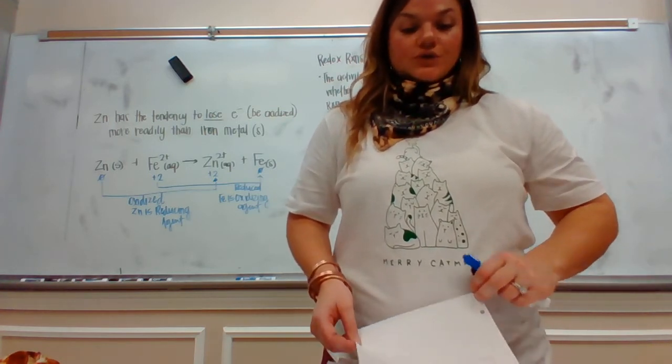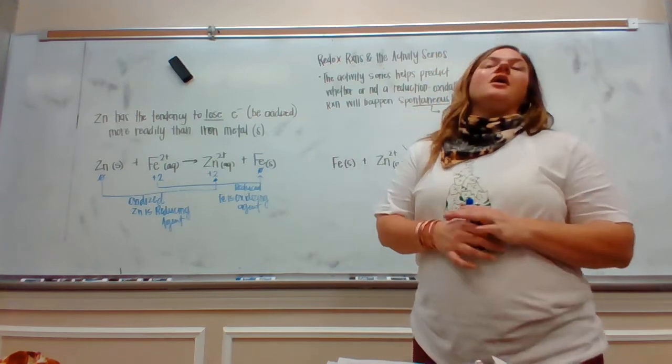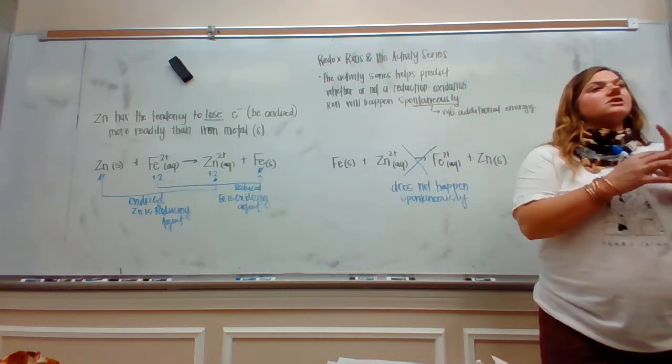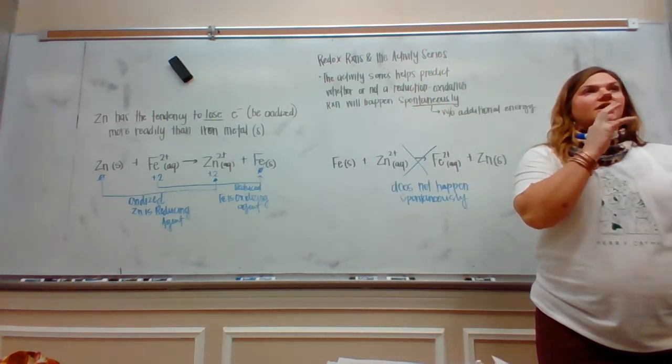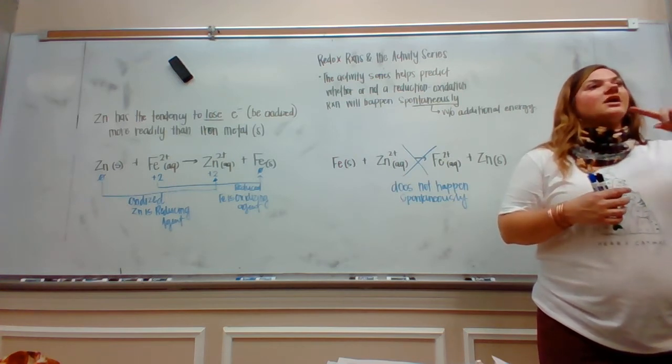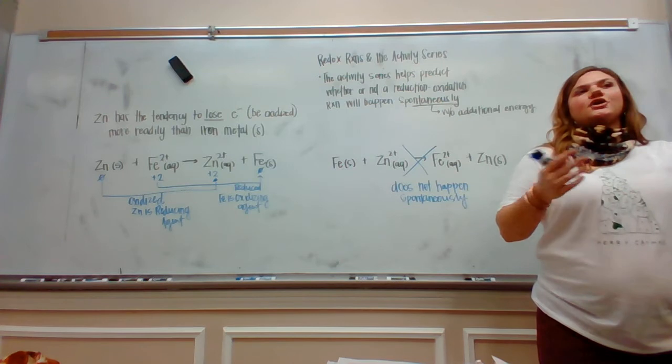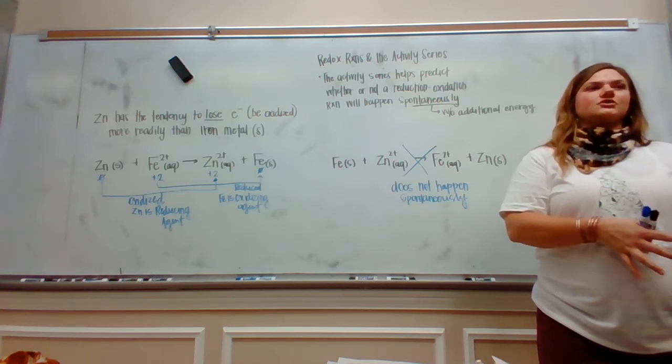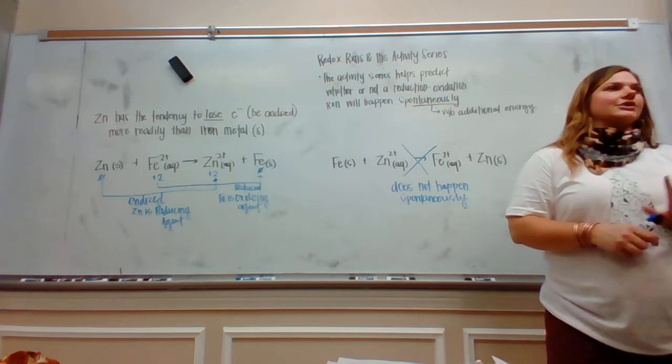Because they're in solution, all of these metals, if they are not an ion, they're a solid metal. To make them a cation, you've got to put them in some kind of solution to make them give up electrons.